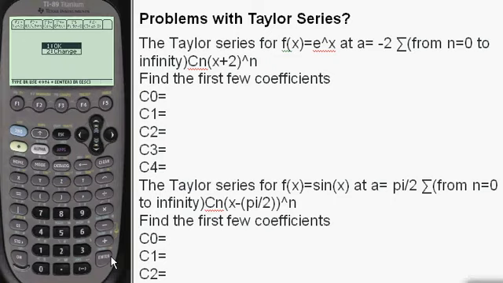Looks okay to me. Does it look good to you? Here's the first 5 derivatives. And we're going to compute that with x equals a equals pi over 2, and here's what the answers are.